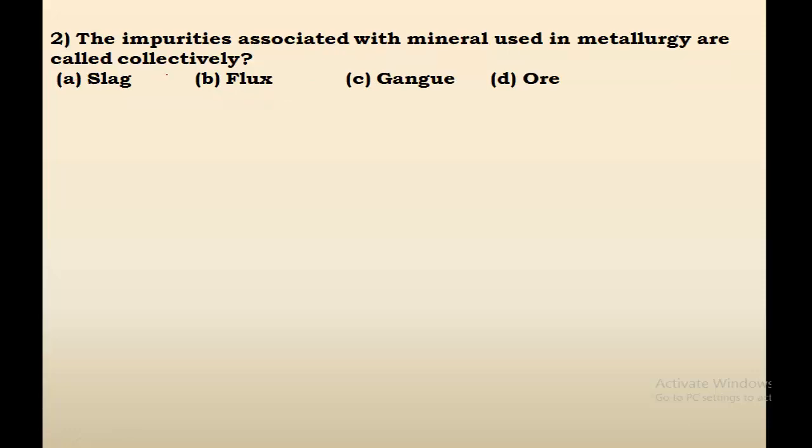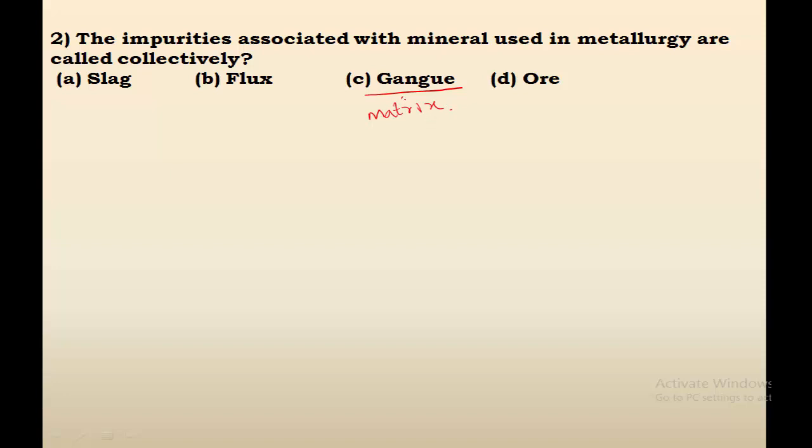Then second one, the impurities associated with mineral used in metallurgy are called collectively. As I already told you, when you obtain the mineral and get the ore, that ore consists of many impurities, and those impurities associated with ore are gangue particles, or they are also known as matrix.